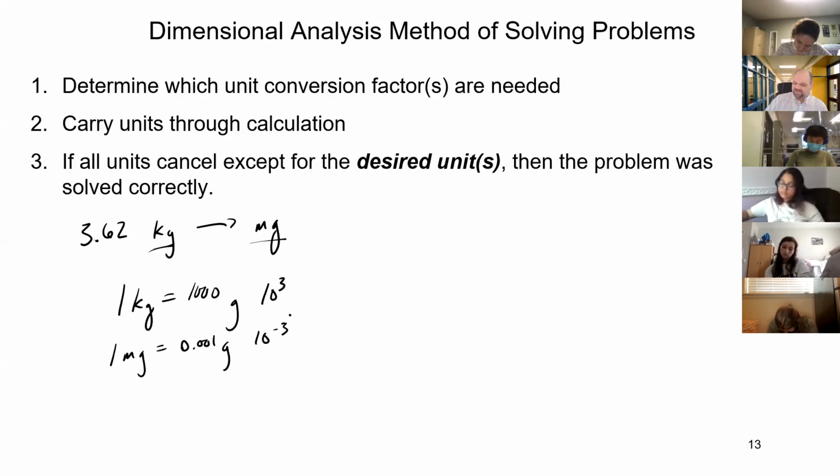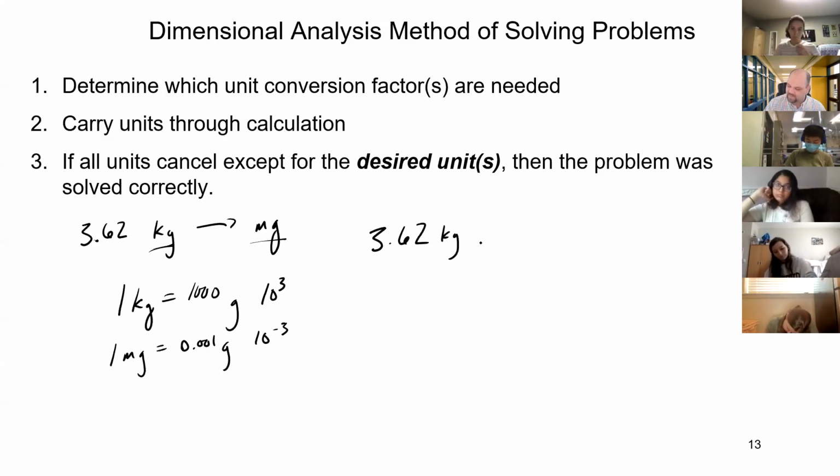So now I'm going to set up this calculation. Maybe you call these railroad tracks in high school or something like that. I know that term gets used a lot. But we start with 3.62 kilograms. Now we're going to take these two equalities that we used, and figure out which one we need. We start with kilograms, so we're going to use the one that has kilograms in it.